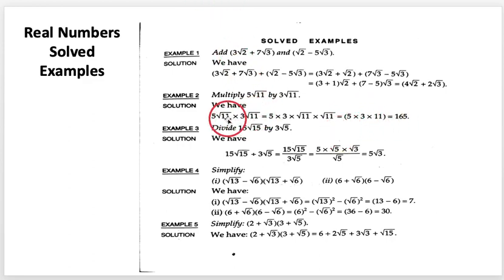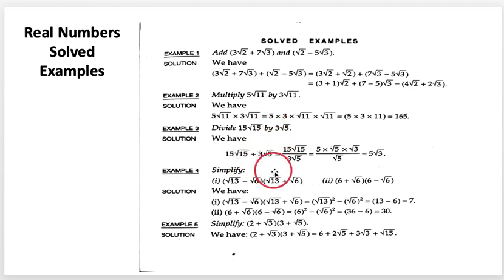Here you can easily do 5 and 3, you will write separately 5 into 3, and this also you will write separately, root 11, root 11. As I said, if the same numbers are under the root, then you will get a whole number when you multiply those two numbers. Then the answer is 165.